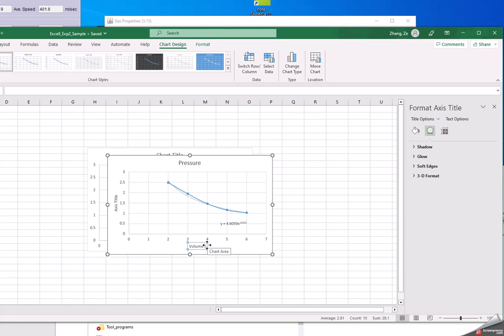I just say nanometer, and then pressure over here. Then you cut, paste and insert there. I will on purpose delete this one.